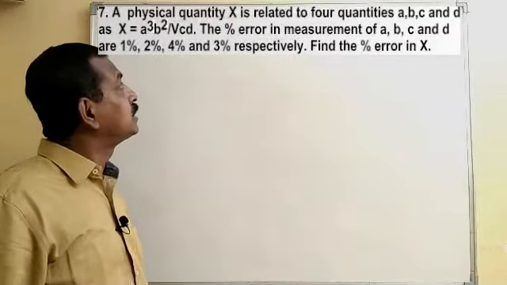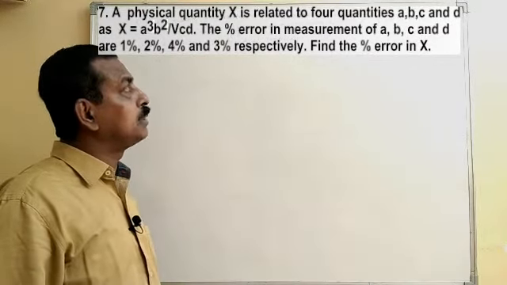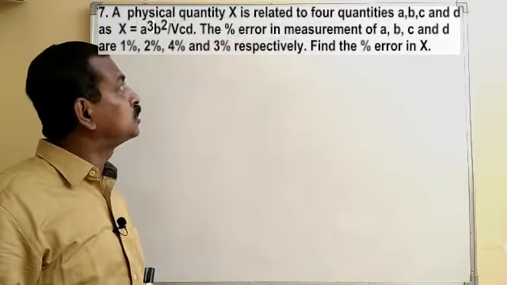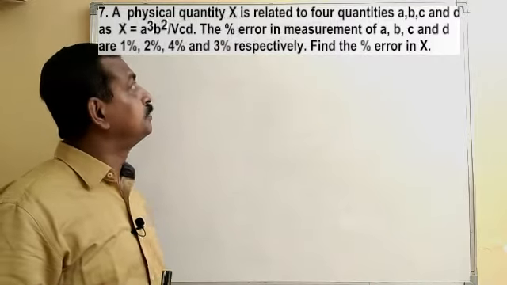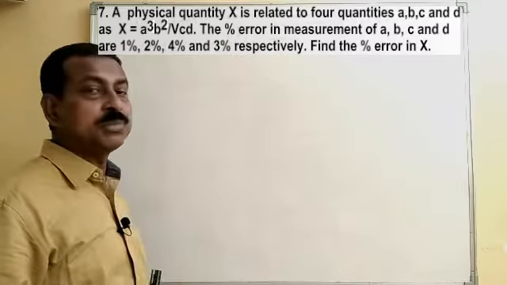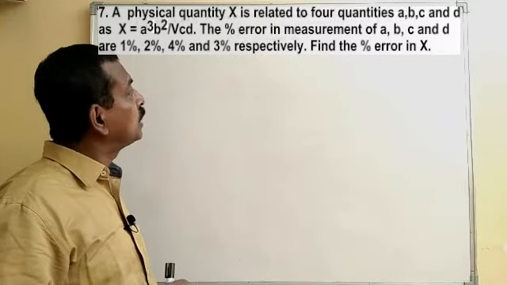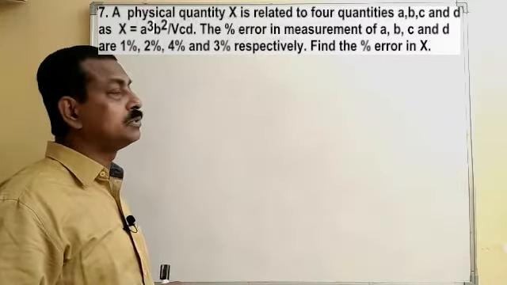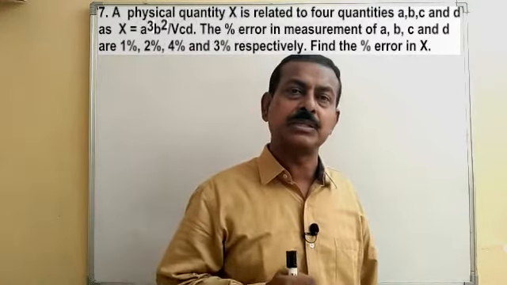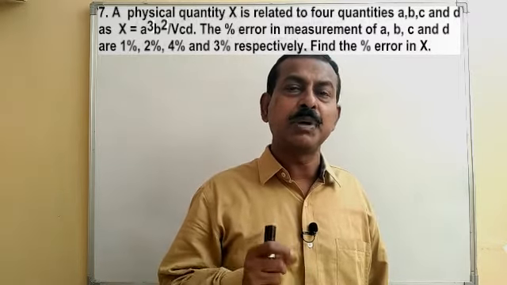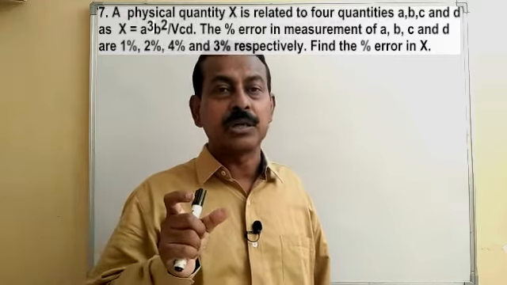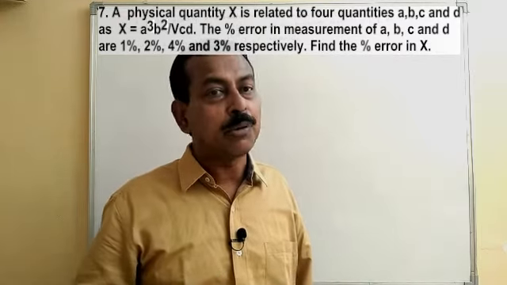The quantity X is related to 4 quantities A, B, C, D as X equals A cube B square by root over C into D. Find the percentage error in X if the percentage errors in A, B, C, D are 1%, 2%, 4% and 3% respectively. This is a question which is often asked in the exam, and it is based on the expression for percentage error for a general case, or you can say for a power function.